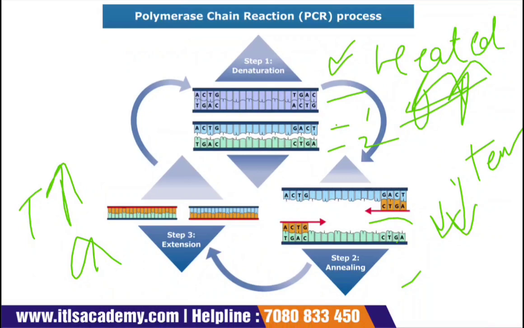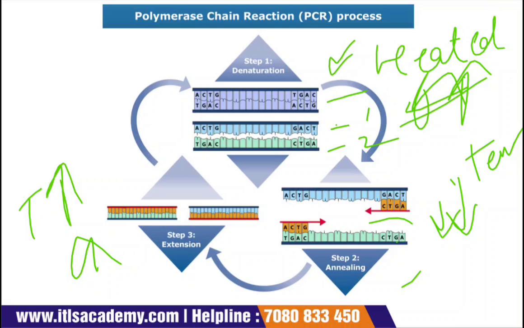It is carried out by a machine called a thermal cycler, not a PCR machine, I'm sorry. Depending upon the speed of the machine, the PCR can be performed in under an hour or up to a few hours.